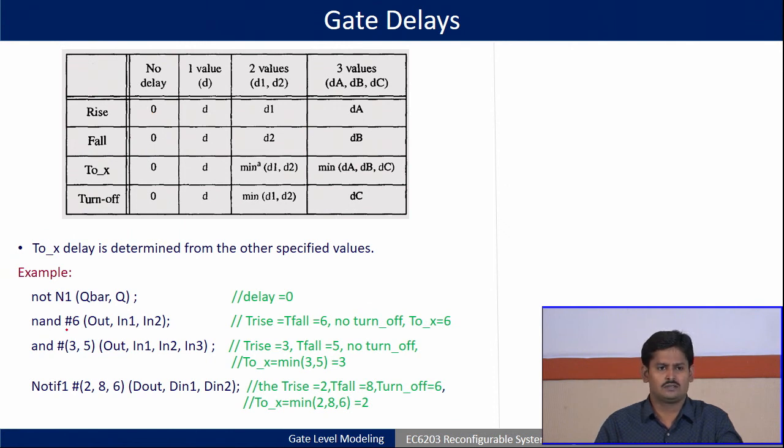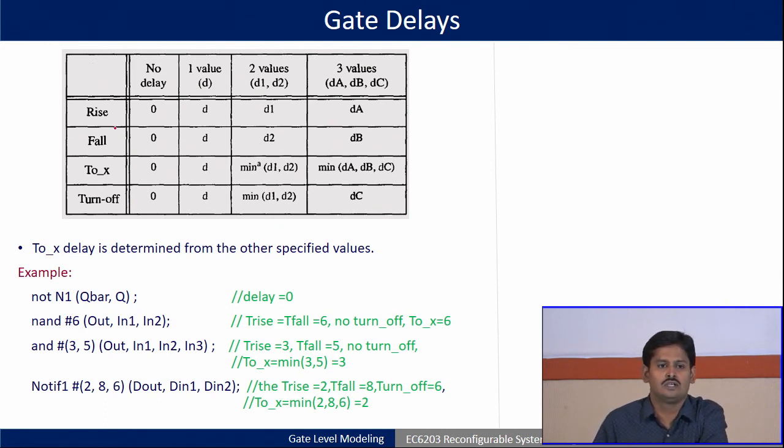The next example is NAND hash 6 out, in1, in2. After the hash only, we define our delays. If you synthesize this, you will get a NAND gate whose 2 inputs are in1 and in2 and output is out. Now we have to specify here, if one delay is given, then what is this delay actually?